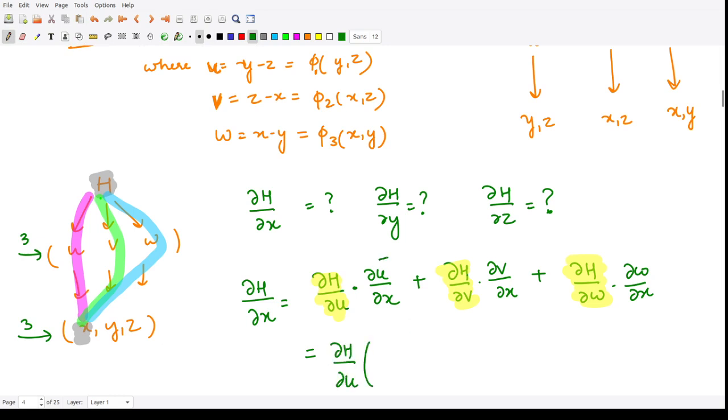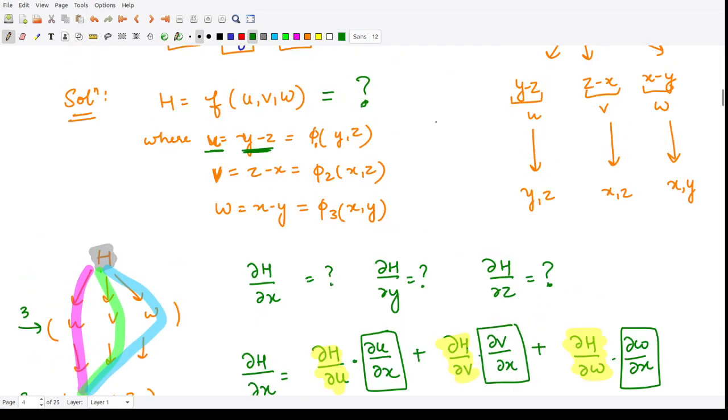But you can calculate del u by del x, del v by del x, and del w by del x, because you know what these are. U is given to be y minus z, so del u by del x would be equal to 0 because there is no x. You will keep y and z as constants. The derivative of v with respect to x would be equal to minus 1, because z is constant and y is also constant, and the derivative of w with respect to x would be equal to 1.